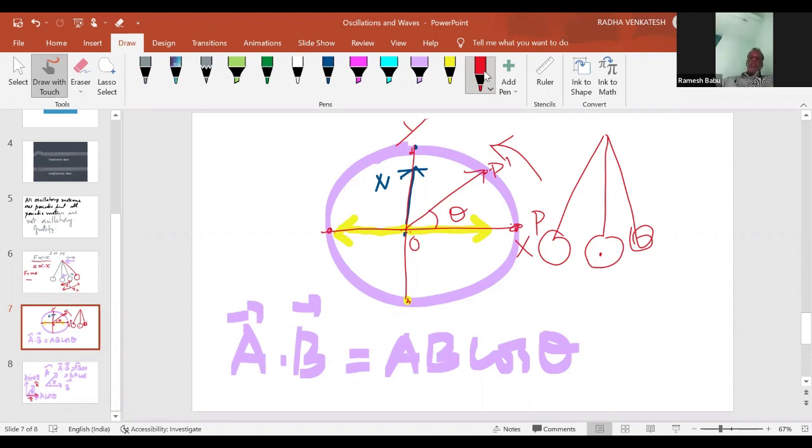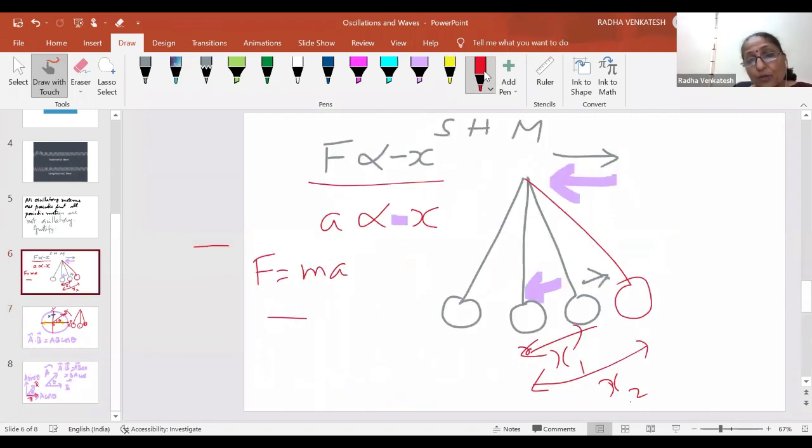As it is moving to and fro, the amplitude or the displacement depends on how much you're taking it through. Also, for simple harmonic motion, F is proportional to minus X, and A is proportional to minus X automatically. And one more thing: when you're allowing the pendulum to oscillate, at least for a few oscillations, it will go to a point and turn back, then go on the other side for the same displacement.